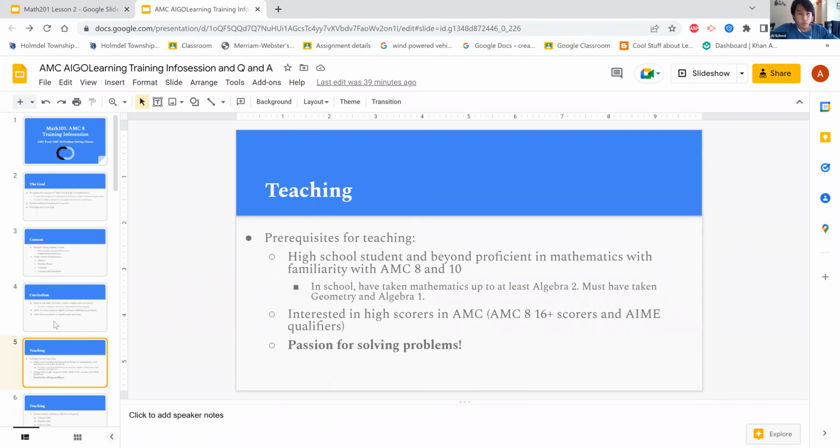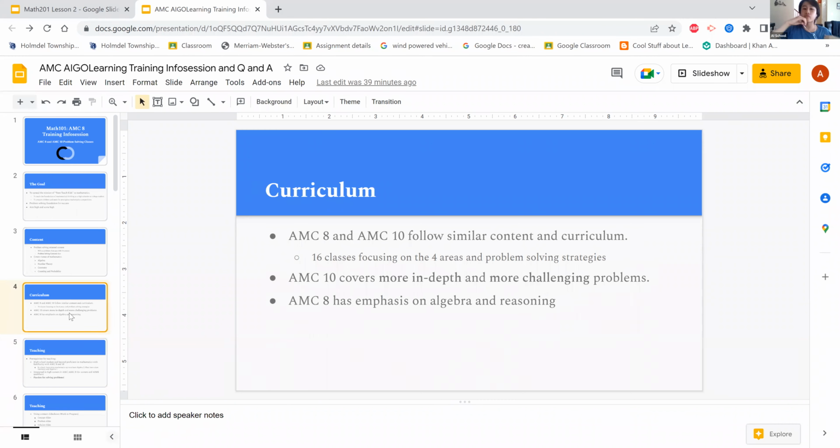So yeah, they follow AMC 8 and AMC 10. They'll follow similar curriculum and content, but there is a difference, which is AMC 8 has a special emphasis on algebra and reasoning, which is kind of like the foundation for the other areas of mathematics.